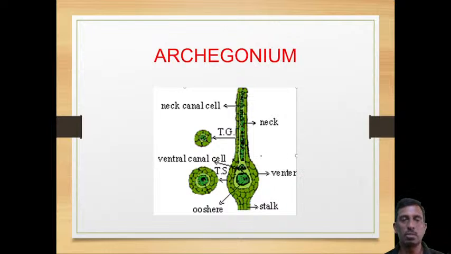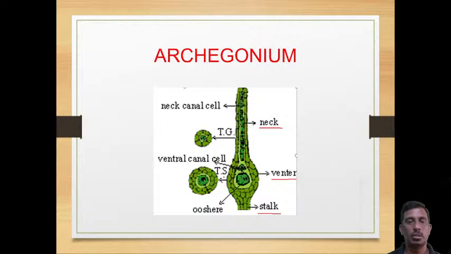When you see the structure of archegonium, it looks like a flask. It has a multicellular stalk by which it is attached to the thallus. A bulbous part is present which is called the venter. And there is an elongated part which is called the neck. So in archegonium there are three parts: stalk, venter, neck.